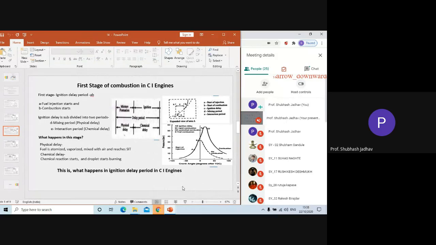So you can imagine one liquid droplet. Surrounding that liquid droplet, we have a blanket of vapor. Inside of which is liquid, the surface is vapor, an air fuel vapor mixture, and outside is air. Correct? So three things are there.